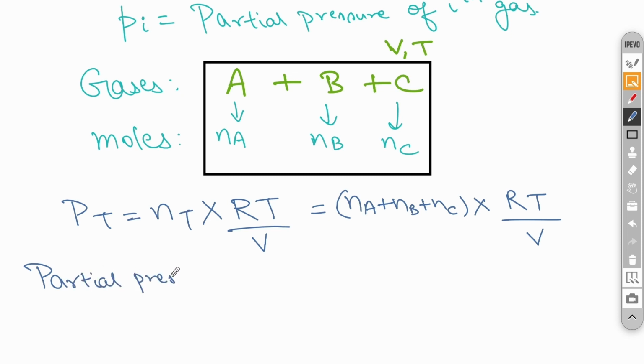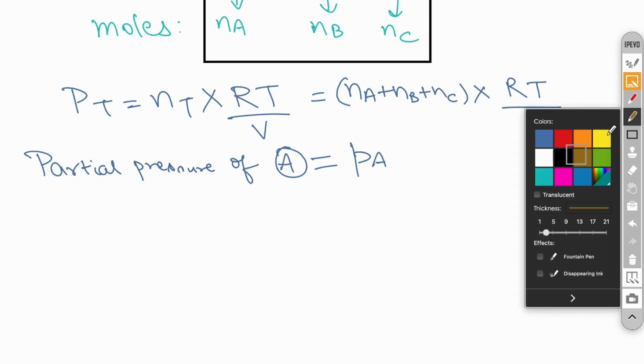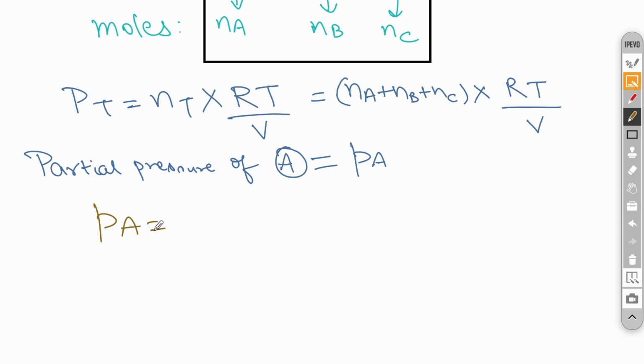Also, the partial pressure of gas A, that is Pa. How will we write the value of Pa? Pa is equal to Na multiplied by RT by V, right?